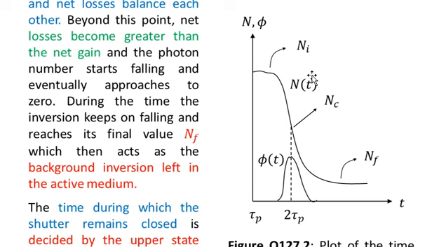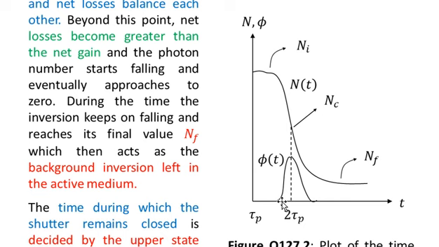When the decay of the population inversion reaches the value of the critical inversion, labeled NC, then stimulated absorption starts taking place, and the number of photons will fall, because the photons will also be absorbed by the stimulated absorption process.